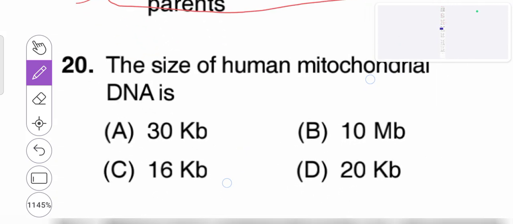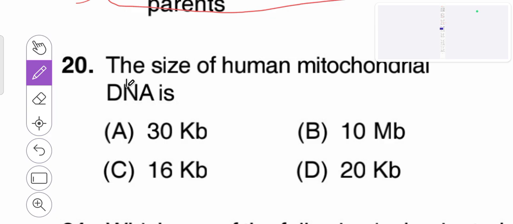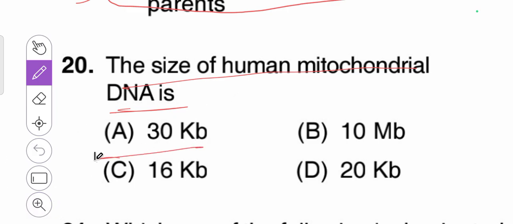Then 20th question. The size of human mitochondrial DNA is 16 kb. It has 16,569 base pairs.